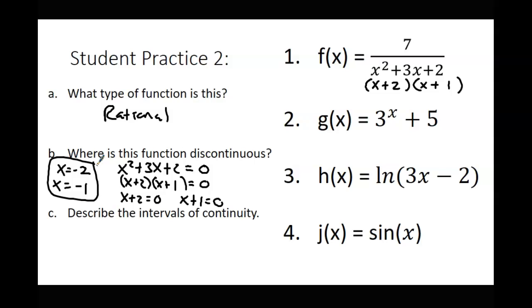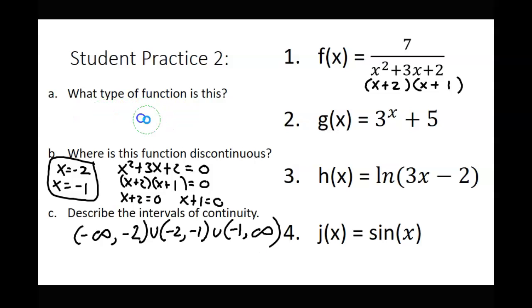That would be fine. If you wanted to write it with interval notation, though, that would mean it's continuous for everything from -infinity up to -2, and then from -2 up to -1, and then from -1 up to infinity. Let's go ahead and take a look at number 2 there.